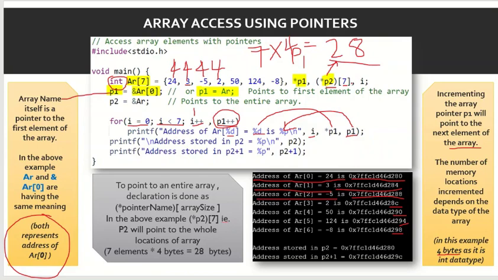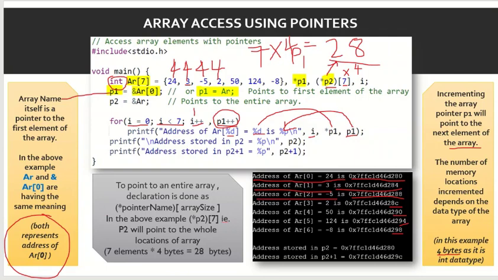So this simply represents 7 into 4, that is equal to 28 locations. So it will point to the beginning of these 28 bytes.